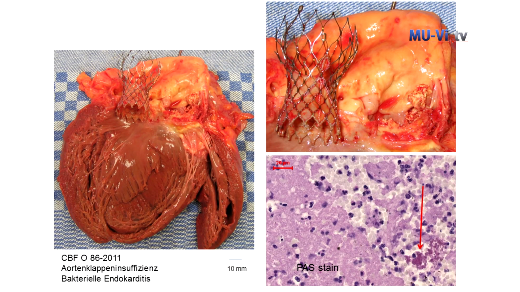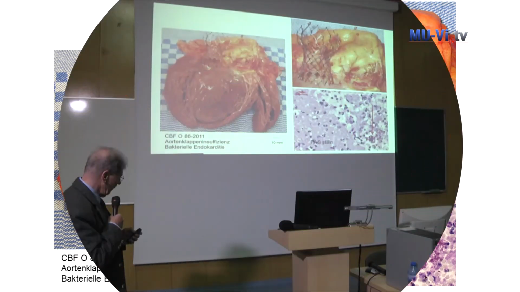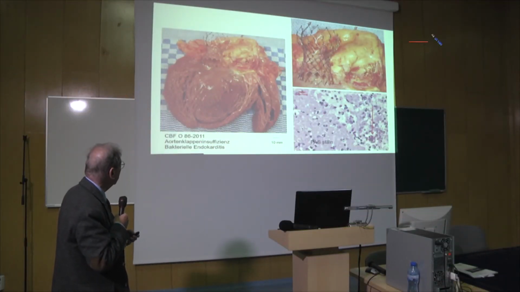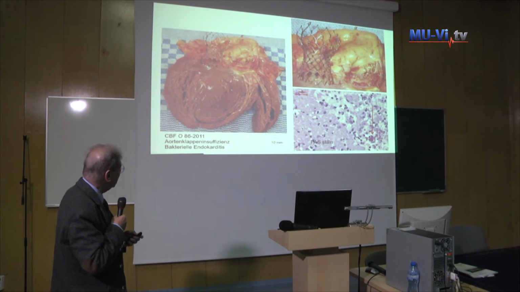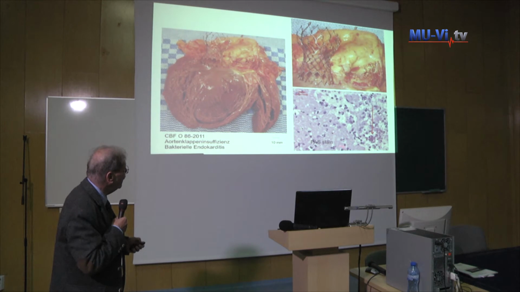Inflammation. Here you see, for example, the opened left ventricle after implantation of an aortic valve implant, and you see that the surface of the aortic valve is more or less destroyed by bacterial infection.